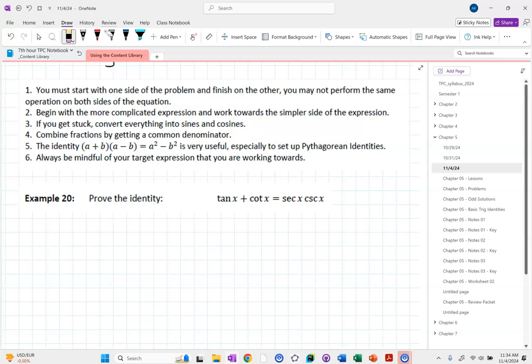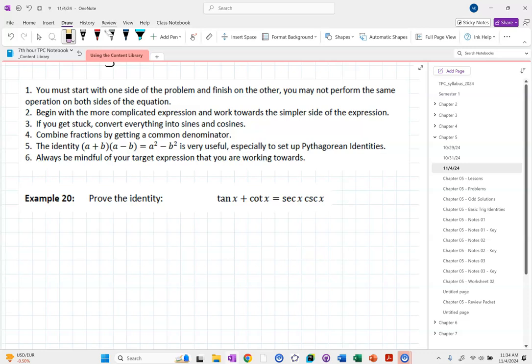So my goal here is to turn tangent plus cotangent into secant times cosecant. Now, there's no way I can add tangent and cotangent together as they're currently written. So I'm going to look at my identities for tangent and cotangent.